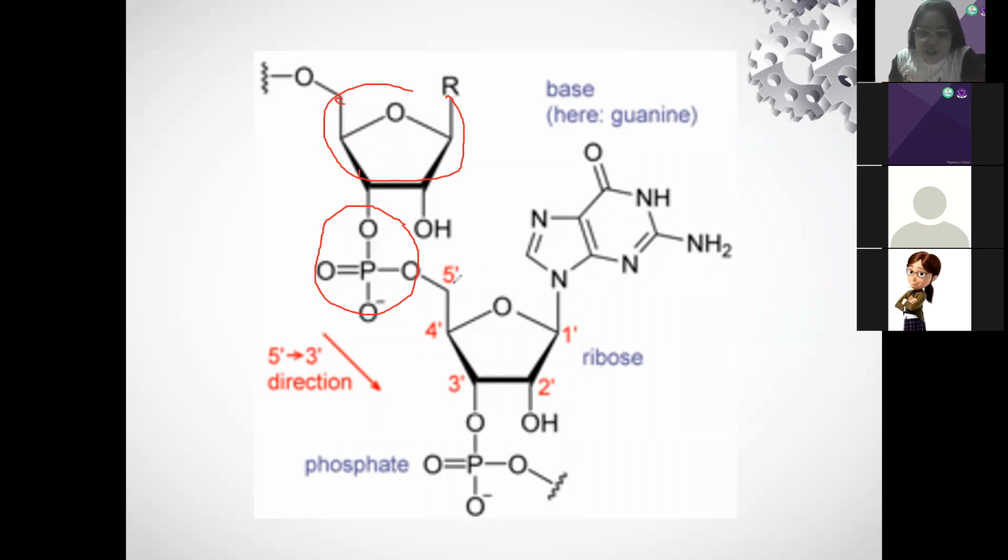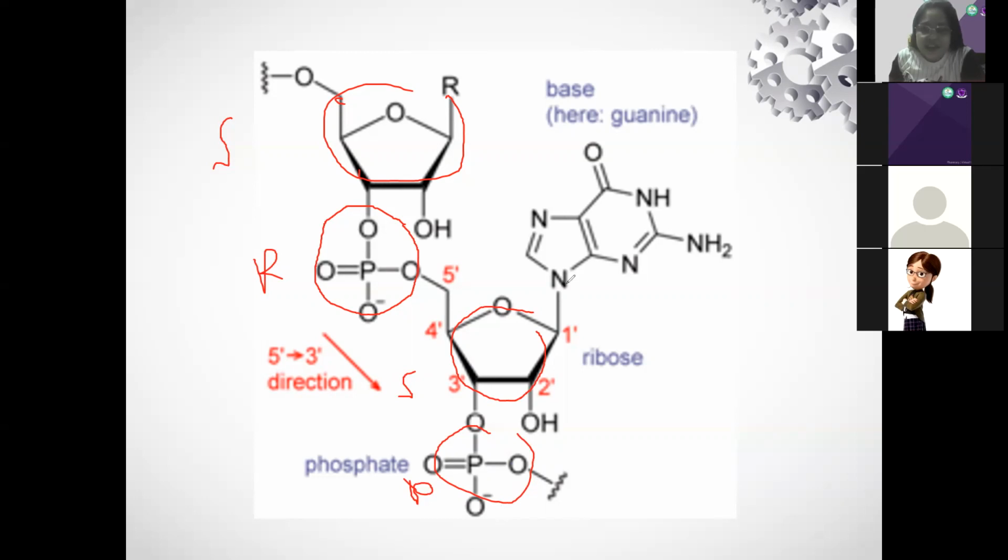So the phosphate group is bonded to the carbon number 5 of another sugar. And then pasunod yan siya. 5-3 direction. So the third carbon here is bonded to another phosphate. So that is an alternating sugar, phosphate, sugar, phosphate. Okay? This forms the backbone of our nucleic acid.